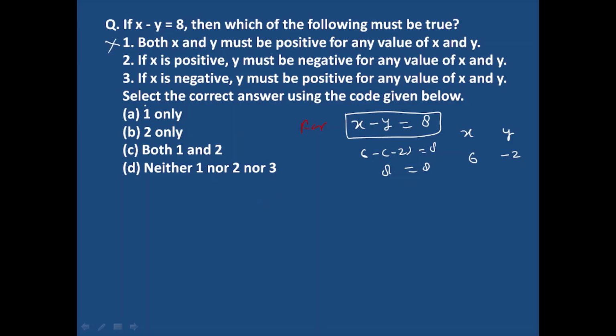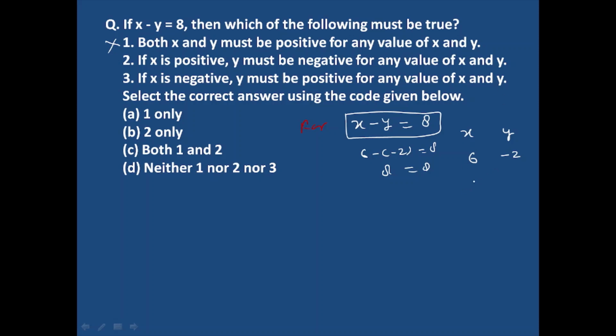Now the second statement is: if x is positive, y must be negative, for any value of x and y. We can consider x is positive; if x is positive, y must be negative.